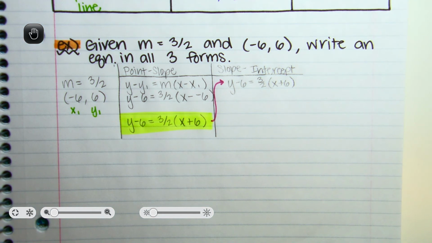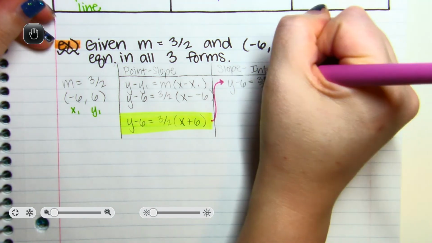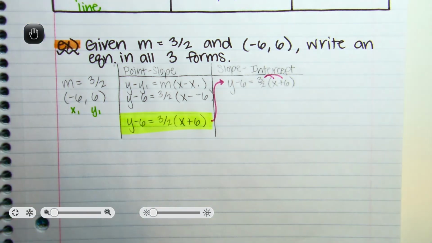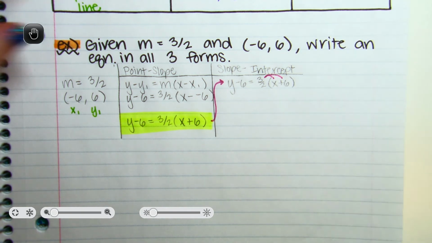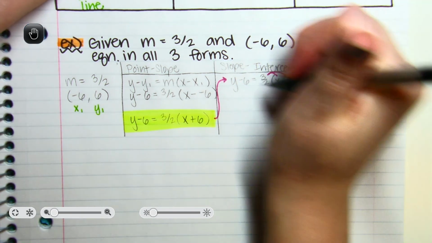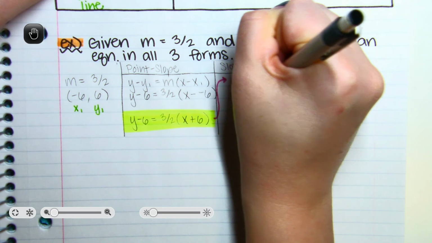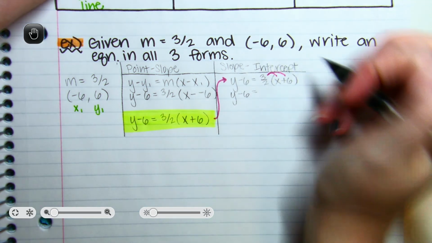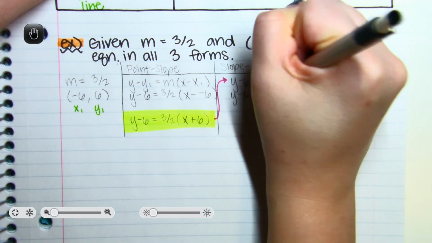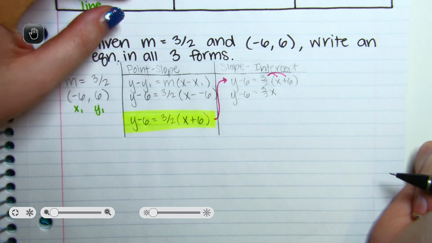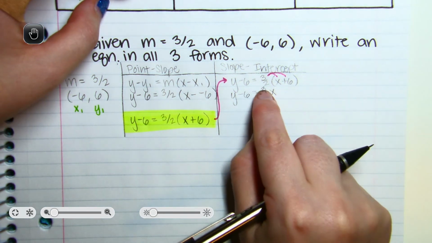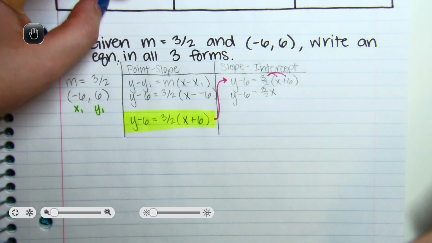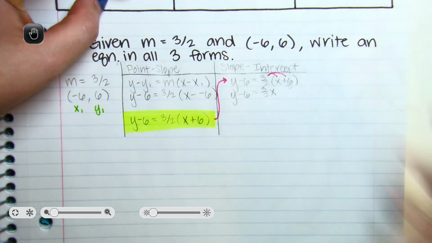Now for simplifying this, what I need to do first is distribute this 3 over 2 to both terms. So the left side is going to stay the same. Y minus 6 equals, now 3 over 2 times x is 3 over 2x. And then 3 over 2 times 6, that's like saying 6 over 1.